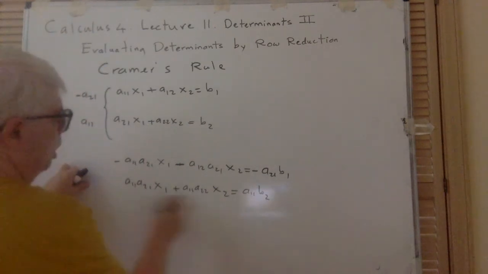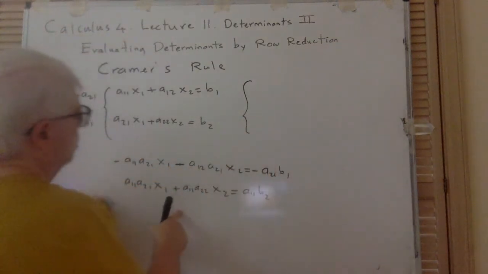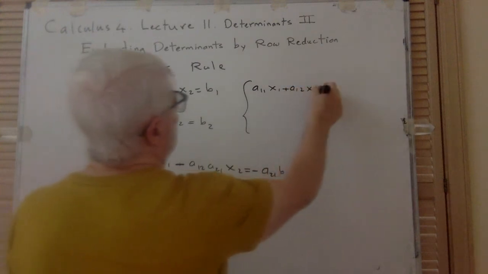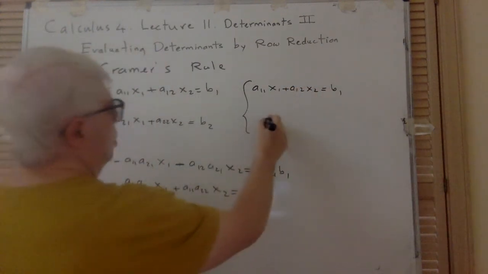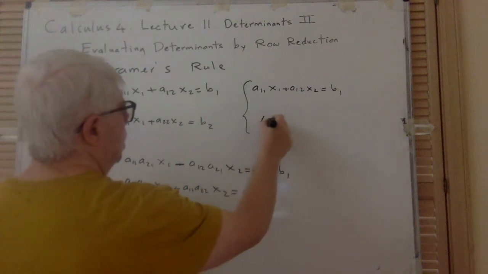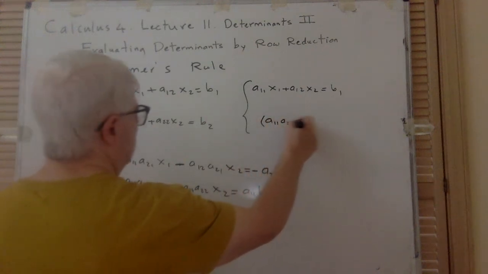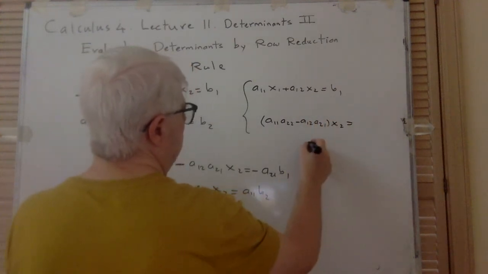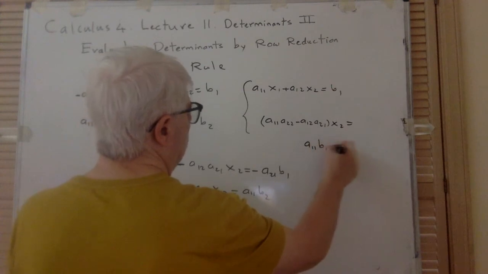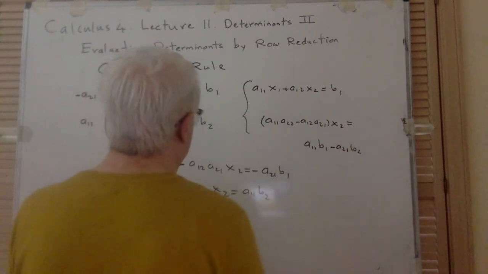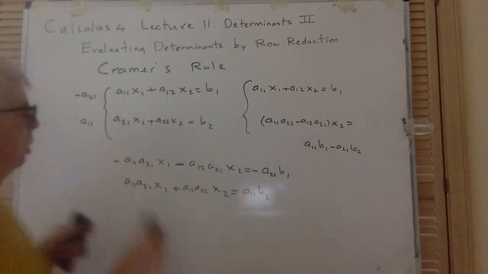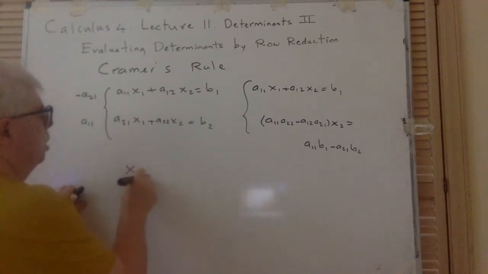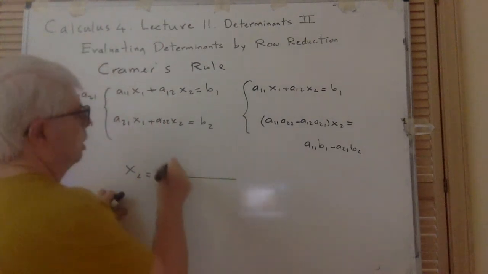So I add them and I will get this. So this stays. And when I add them, I will get (a11 a22 minus a12 a21) x2, and that equals a11 b2 minus a21 b1. So x2 will be this nice guy.